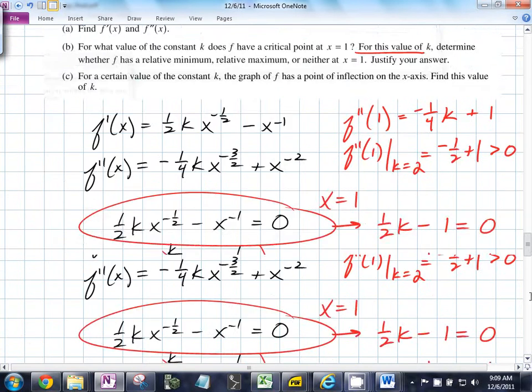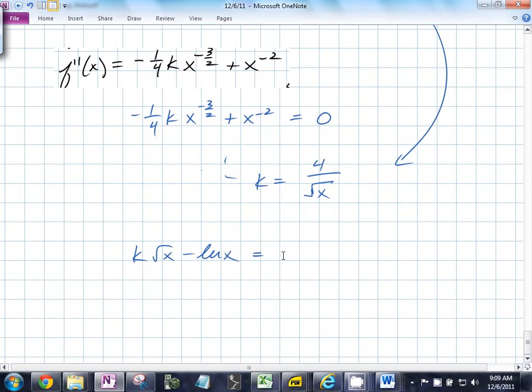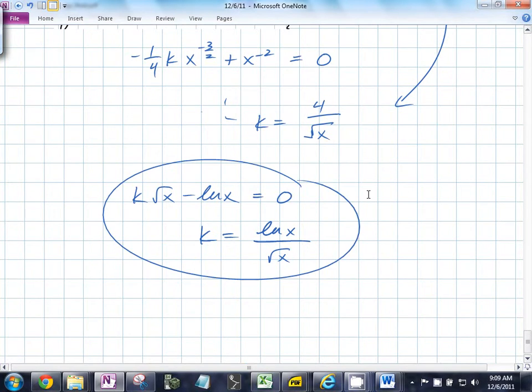Root x. So we do this because the function itself, the function f of x, crosses the x-axis, right? And this is where the second derivative equals 0.